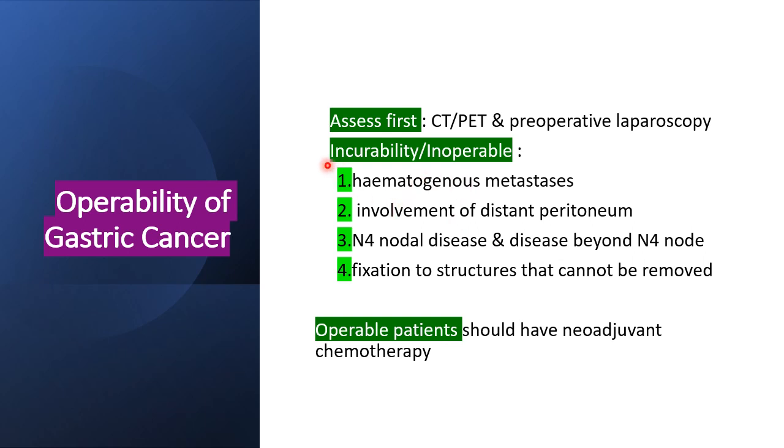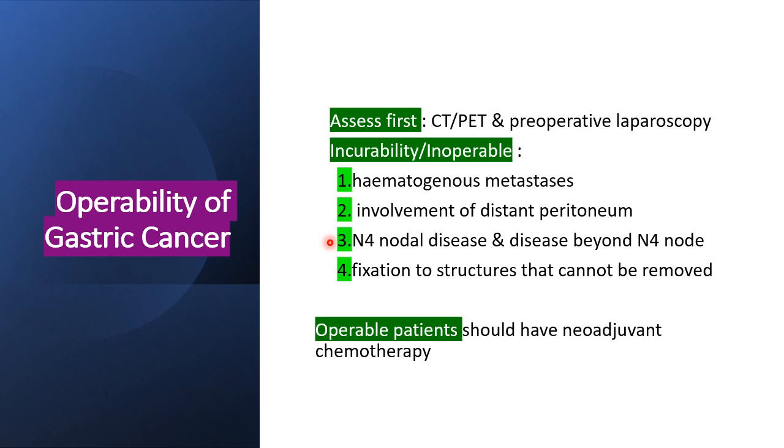Usually the cancer is considered incurable or inoperable in the following conditions: when there is hematogenous spread, especially to the liver, lungs, and bones. Secondly, involvement of the distant peritoneum through transperitoneal spread.